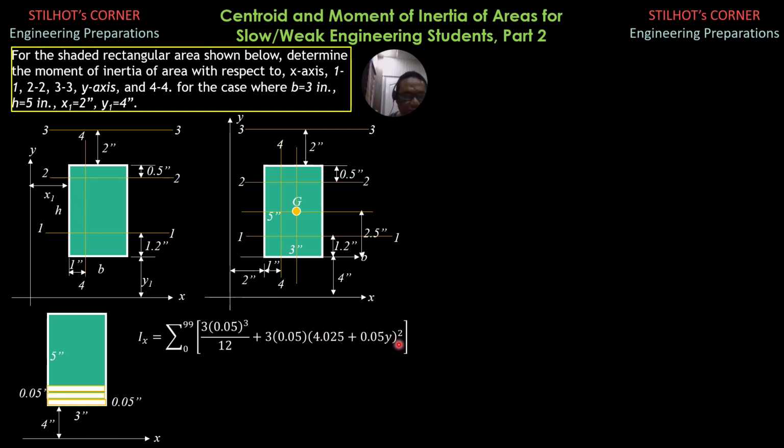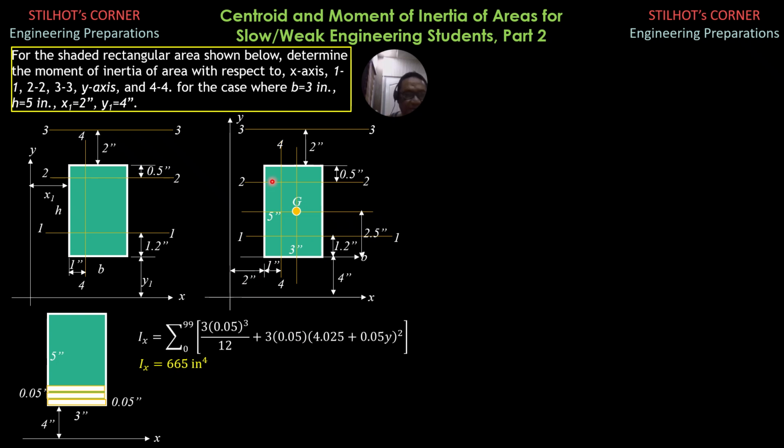This is the distance squared in general. And y begins with 0, so that the first distance is 4.025 inches. Then the succeeding distance would be 0.05 greater than 4.025. So using your calculator, Ix is 665 inches to the fourth.